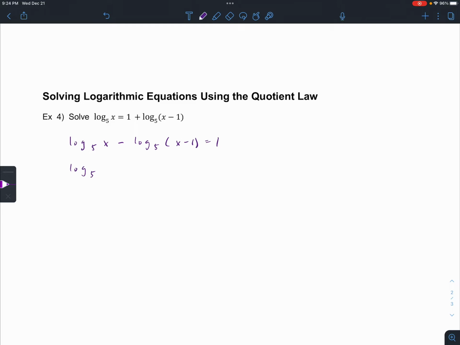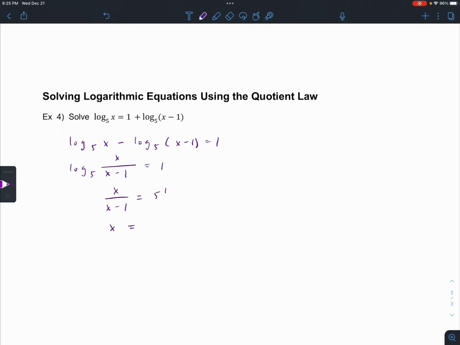Log to the base 5 of x over x minus 1 is equal to 1. So quotient law. And then this is going to turn into x over x minus 1 is equal to 5 to the exponent of 1.